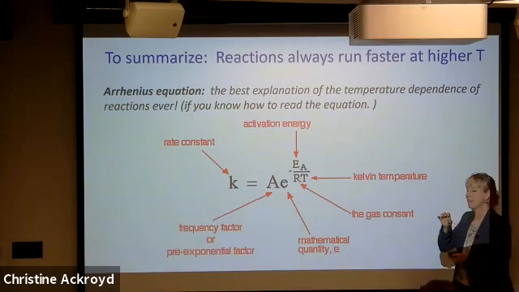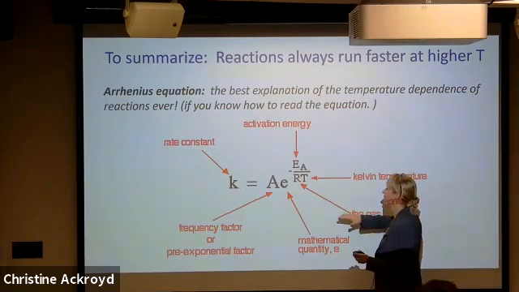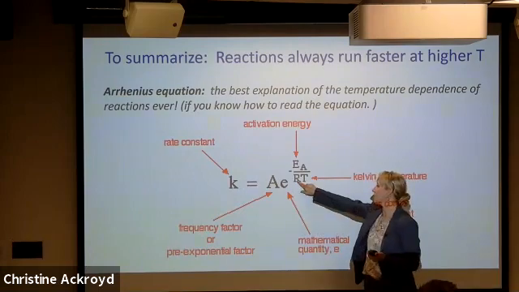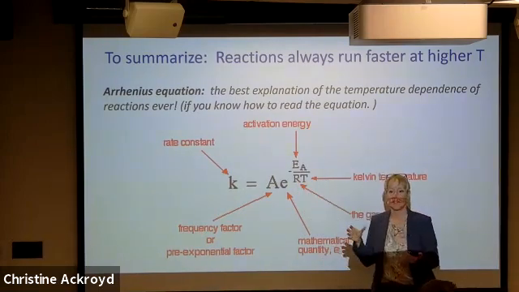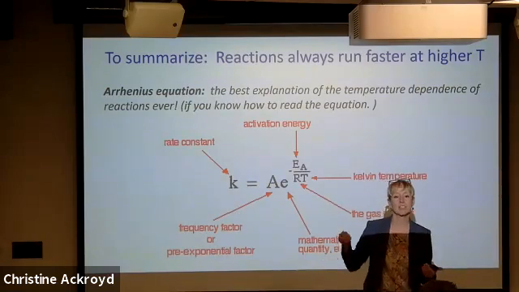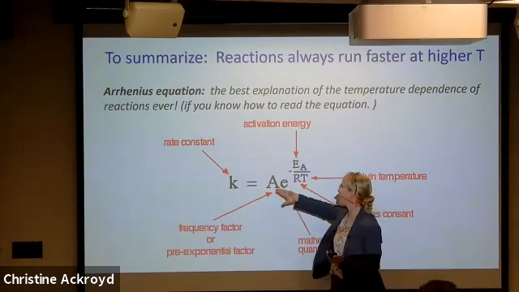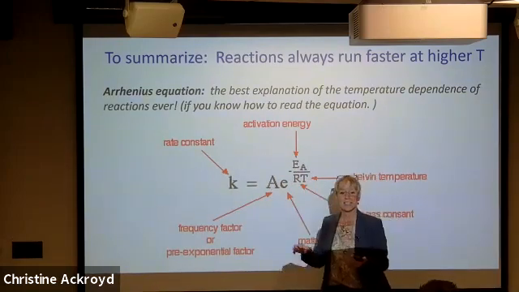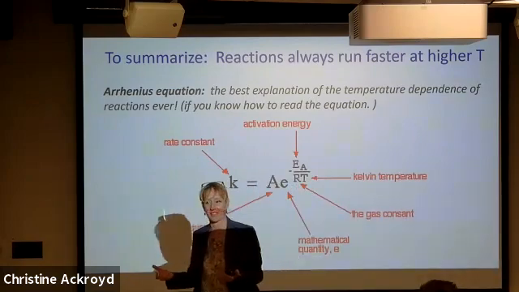It turns out that we can link everything in this equation except the gas constant R to something that is true about how a reaction works. Each of these values, energy of activation, temperature, and A, tells us something profound about how reactions happen.